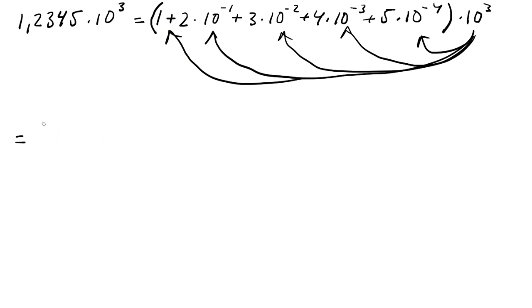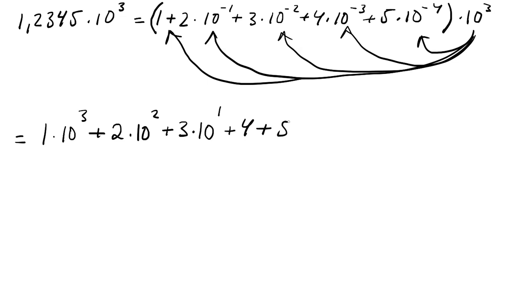So if we do that, we will get 1 times 10 to the third, 10 to the third, and then we have 2 times 10 to the minus 1 times 10 to the third, and that will be 10 to the second. Then we have 3 times 10 to the minus 2 times 10 to the third, then we have 10 to the 1. And then we will have 4, and these will cancel, so we just get 1.